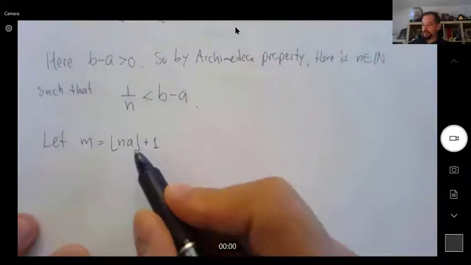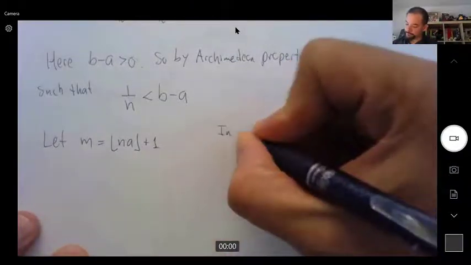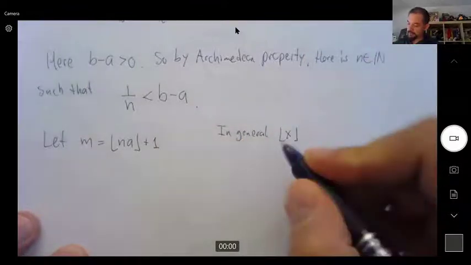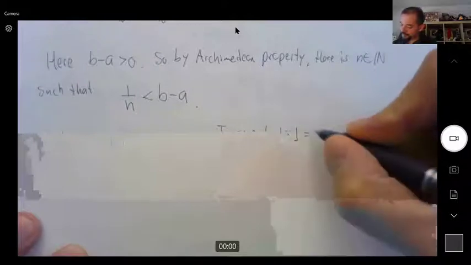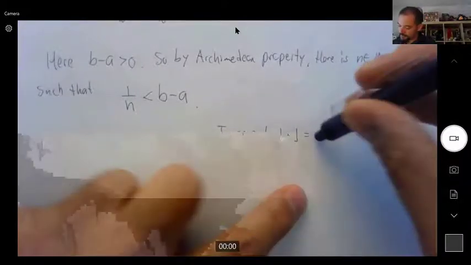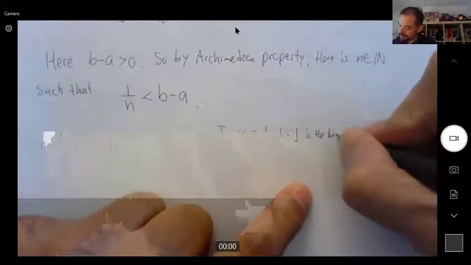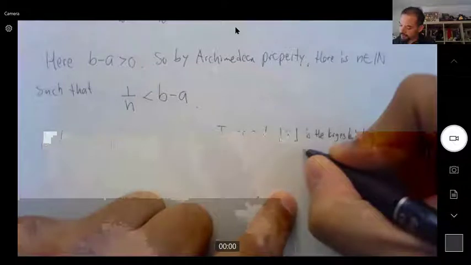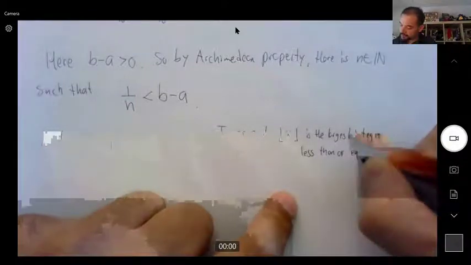Okay, so now let me remind you what this function is. In general, the greatest integer of x is the largest integer less than or equal to x.